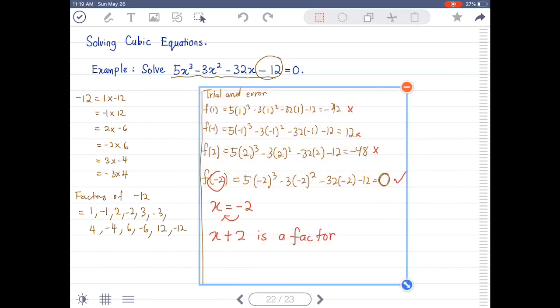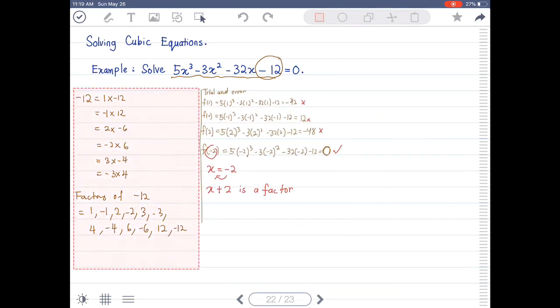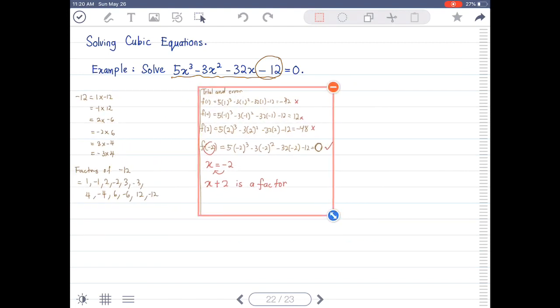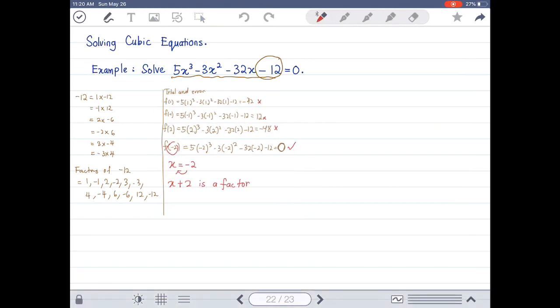The next step, we need to do the long division. After we find our factor, we need to do the long division.